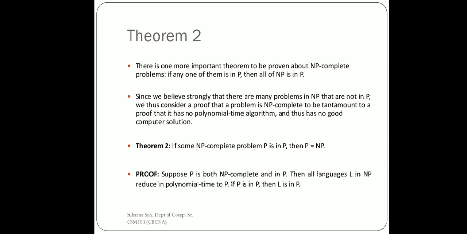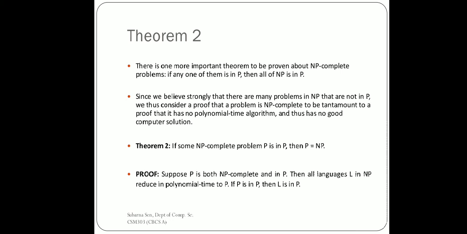If it can be done in polynomial time using a deterministic Turing machine, definitely it can be done in polynomial time using a non-deterministic Turing machine. That's why, if this kind of situation occurs, P will be equivalent to NP, right? So this was theorem 2.